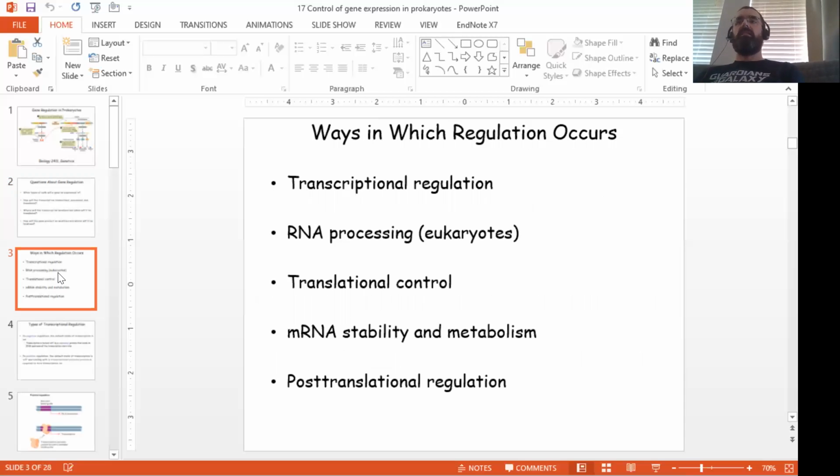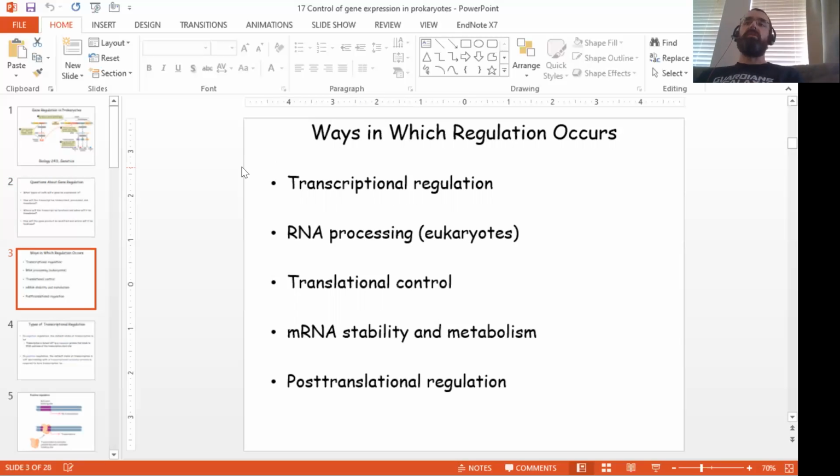There's some of this going on in prokaryotes. A lot of this really applies more to eukaryotes, but there are a lot of different steps at which control of gene expression occurs. Typically, in prokaryotes, we're going to be talking a lot about this aspect: transcriptional regulation, which is the conventional way of thinking about gene regulation.